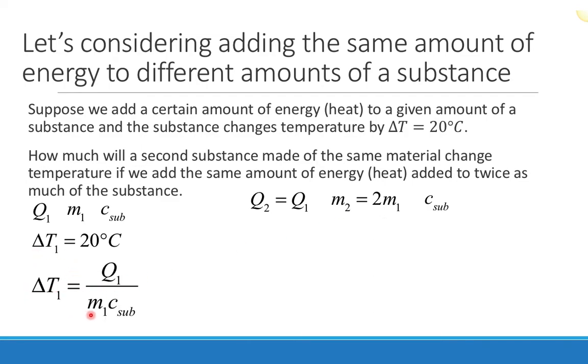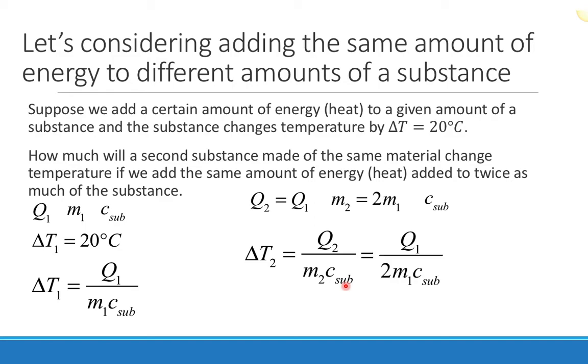So I know the change in temperature for the first case is the heat added over the mass times specific heat. Now I want to know how the temperature changes under the second circumstance. I know that the heat added, the Q in the second case, is the same as the first, but my mass is now twice as big, right?